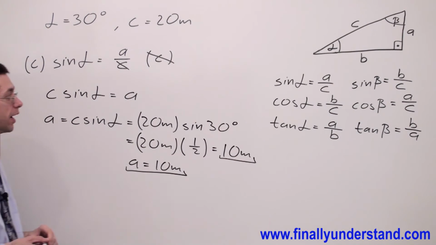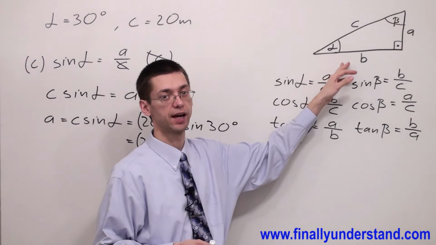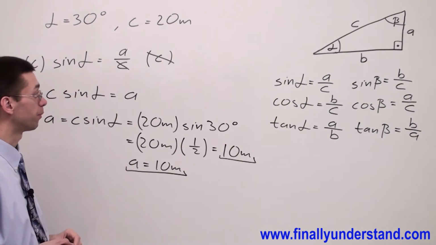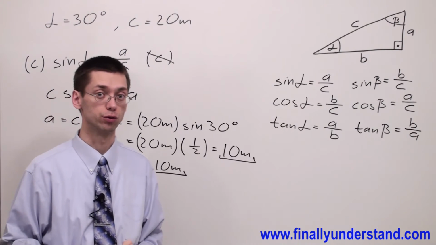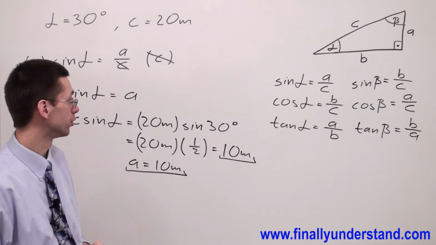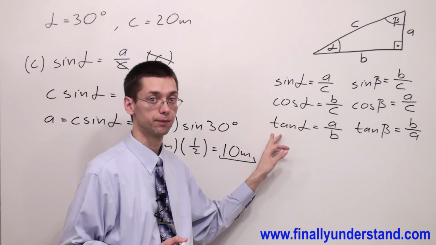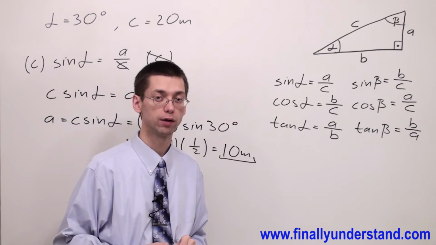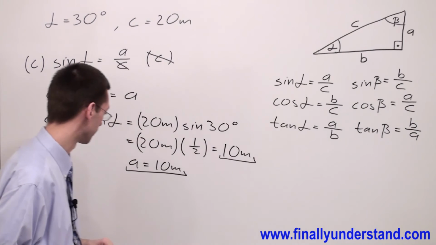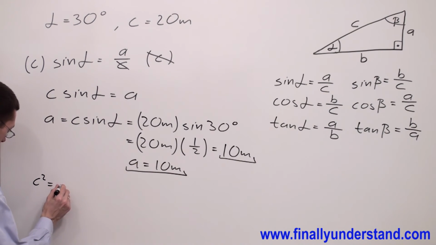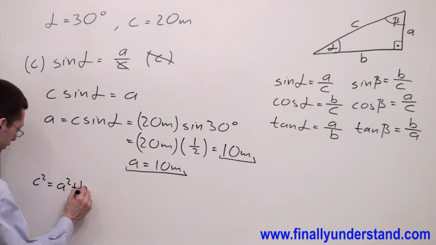Next, we're supposed to find the length of side B. We can use the Pythagorean theorem to do so, or we can use cosine or tangent. This time I'm going to show you how to use the Pythagorean theorem. We said that the Pythagorean theorem looks like this. We have c squared equals a squared plus b squared.